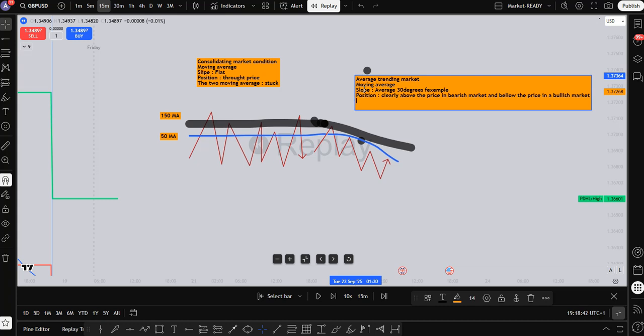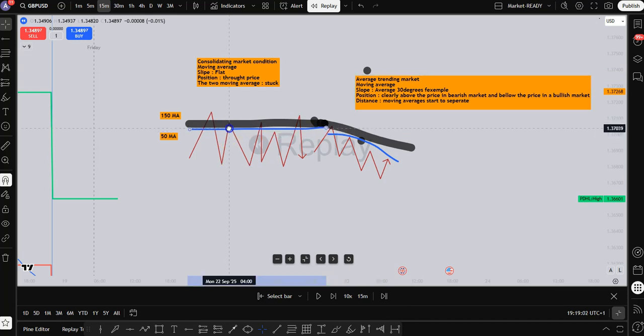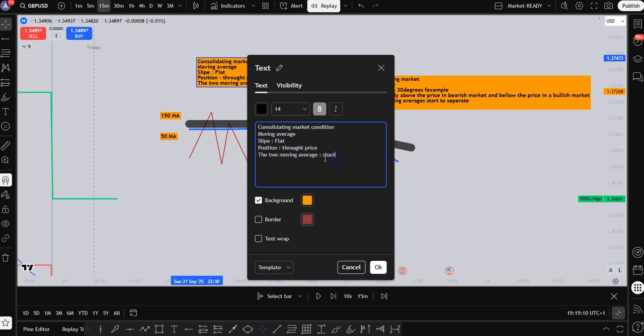And the distance: the moving averages start to separate. We start to see a distance between these moving averages, because here they used to be stuck one against the other. You can even see them crossing, stuck, or even this distance or crossing.